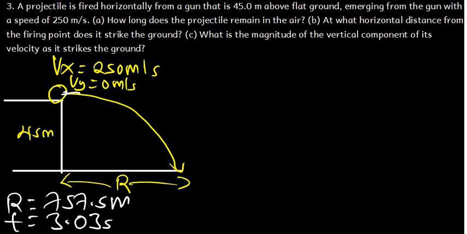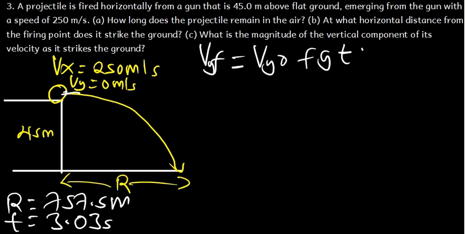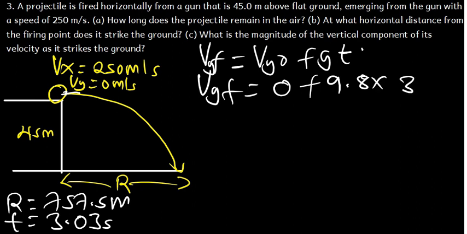Okay, so now we can use this formula: Vy final is going to be Vy initial plus g t. We are trying to find this, and we already have the initial, which is 0. So Vy final is equal to 0 plus, g is coming down, so it is going to be positive, times the time, which we know is 3.03.